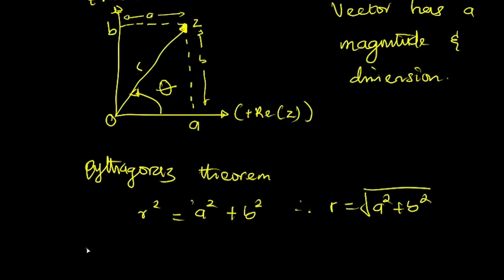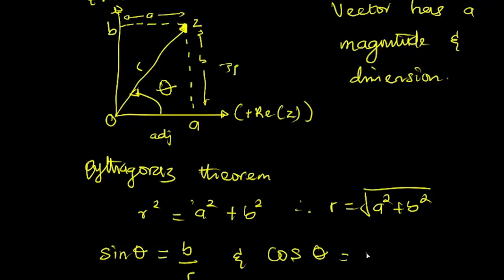Our theta here, if we take the sine and the cosine of theta, we can get our A and our B. For example, sine theta is opposite over hypotenuse, and looking at our angle from here, our opposite is B and our hypotenuse is R itself, so B over R. And cos theta is adjacent over hypotenuse, and this is our adjacent side, while this is the opposite side, so cos theta is A over R. So I'm just showing you how to do this.